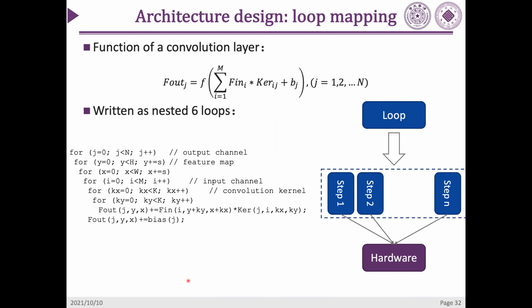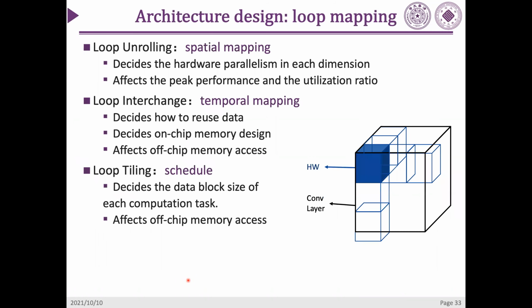What loop mapping does is break the loop into multiple steps and execute them sequentially on the hardware. The loop mapping can be divided into 3 design points. One is loop unrolling, that is the spatial mapping part. Designing hardware parallelism in all dimensions of computing decides the hardware parallelism in each dimension, and it will affect the peak performance and the utilization ratio.